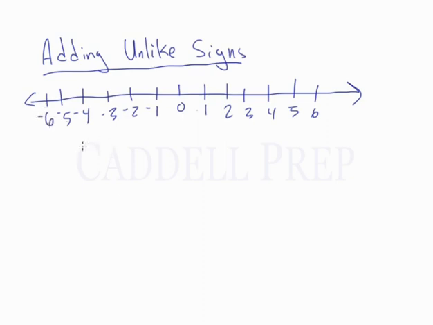Alright, so let's start with 1 plus negative 4. Alright, so we start out at 1, and we add negative 4, so we go 4 to the left. 1, 2, 3, 4. We get negative 3. What if we do negative 4 plus 2?